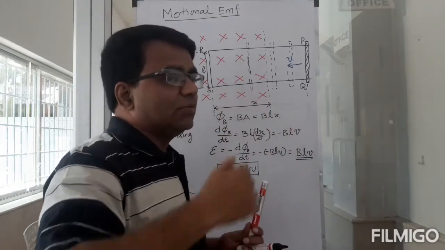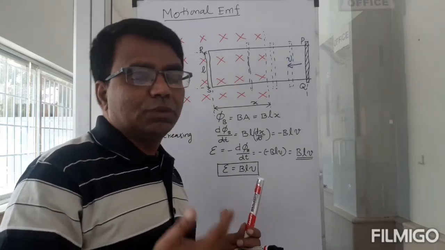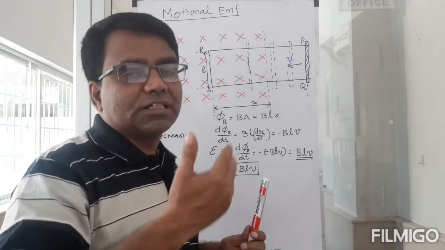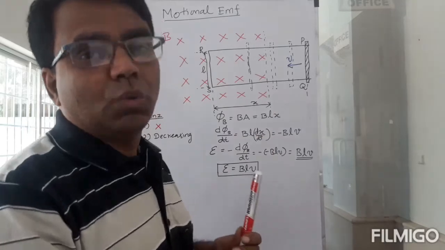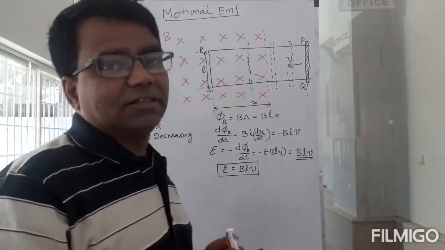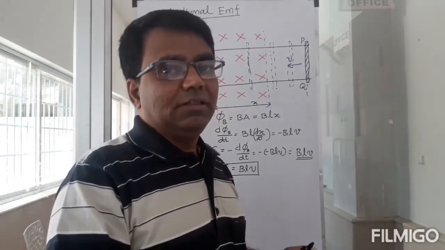So what should the induced EMF do? The induced EMF will tend to produce a current that will oppose this change. What is the change? Decrement. So it should oppose the decrement.